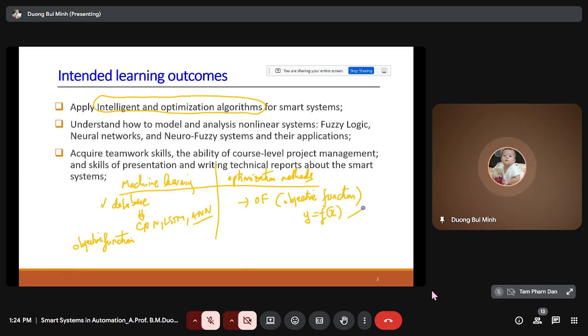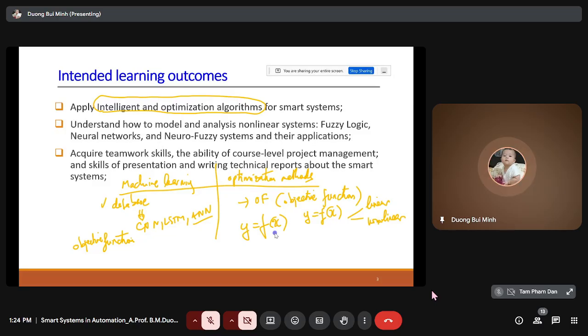The function may be linear, maybe non-linear, depending on the characteristics of the application. But we know the output y is a function of input x.